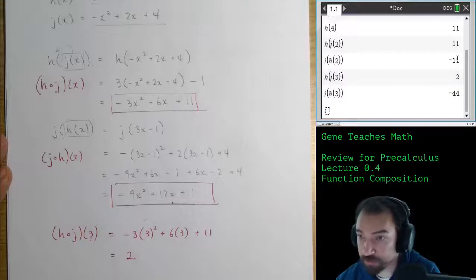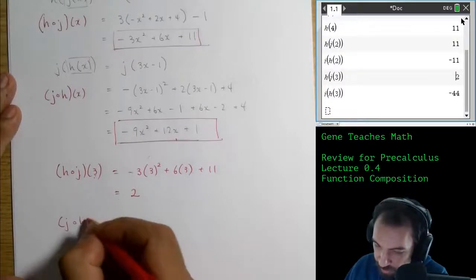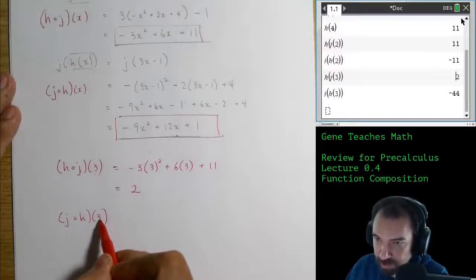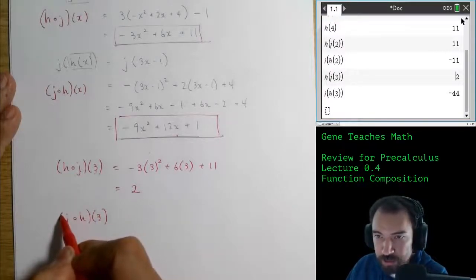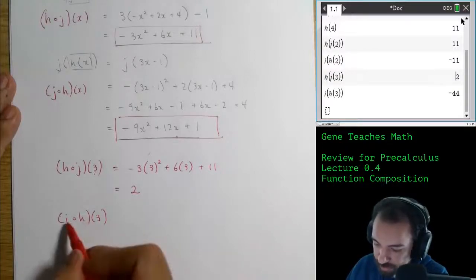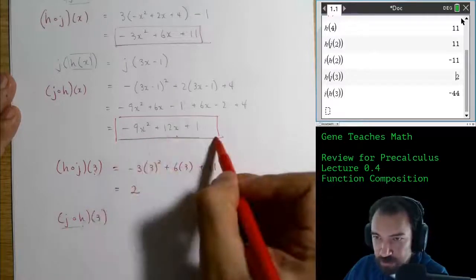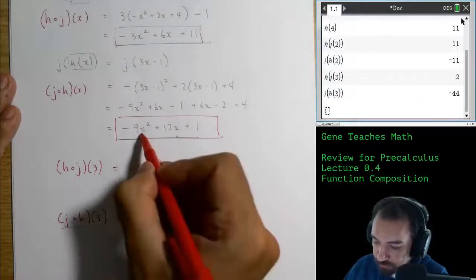That's what the calculator told us. And if we trust it, life is good. Now, what if I want to consider j of h of 3? Instead of taking 3, making it the input for h, then taking the result and making that the input for j, I can short-circuit the process by saying j of h has a function rule that's that. So I can take the input 3 and put it in for all the x's.